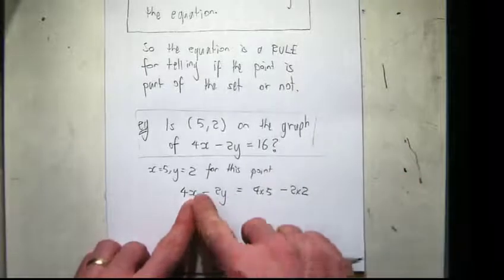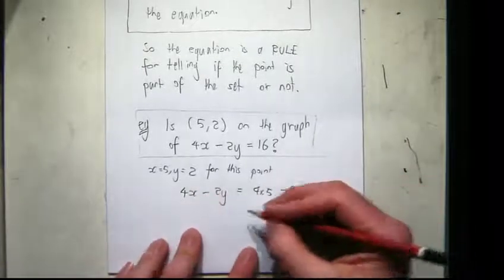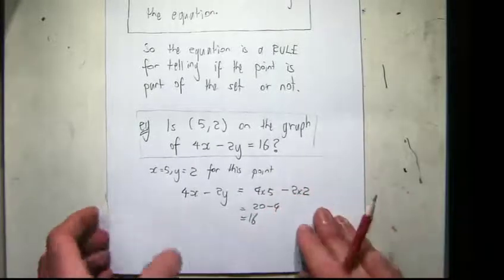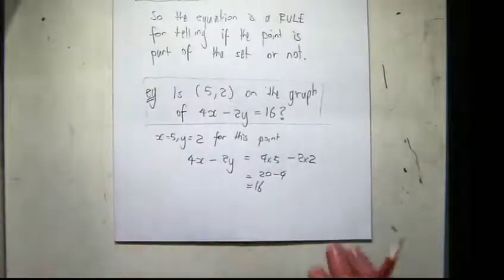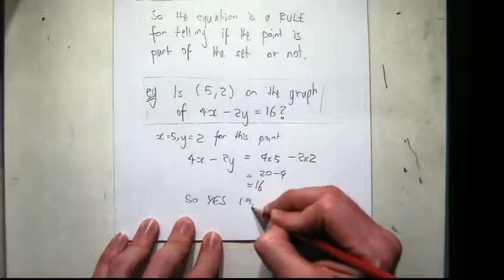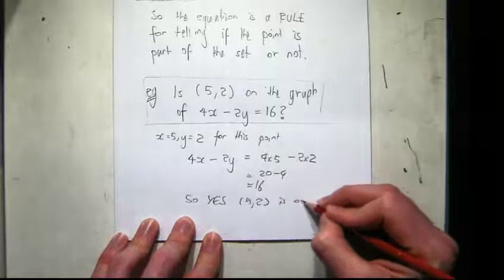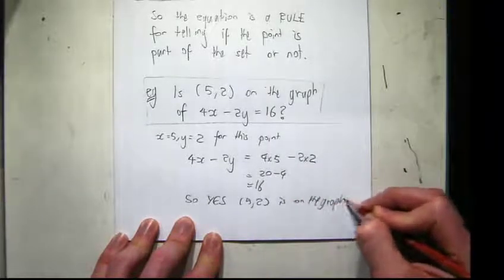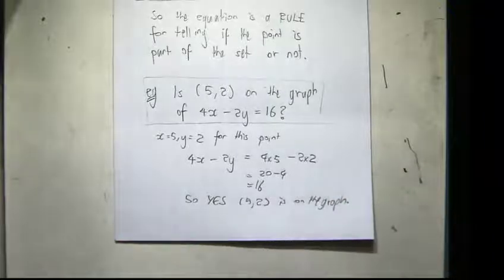I put the answer for x and the answer for y in, and that comes out to 20 minus 4, which is 16. And that's the answer it was supposed to come out to if it was on the graph. So yes, (5, 2) is on the graph. Ta-da! And that's pretty much all there is to it. If the answer had come out to be not 16, then the point wouldn't be on the graph.